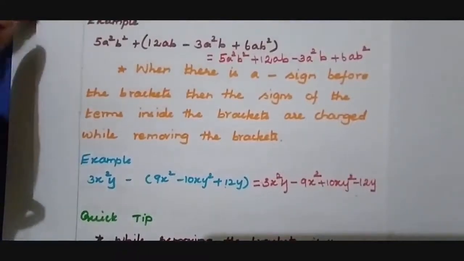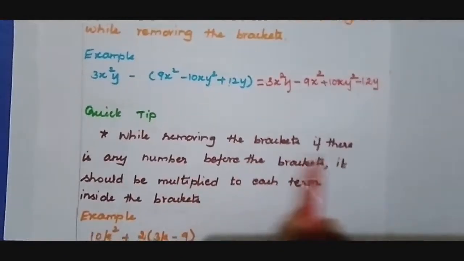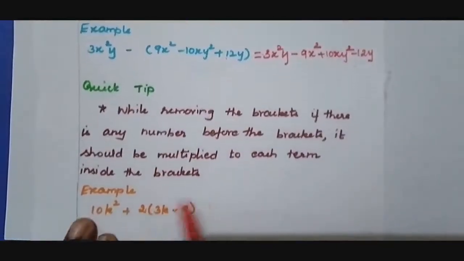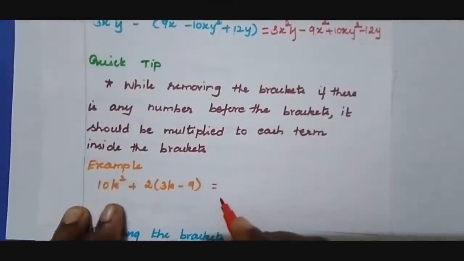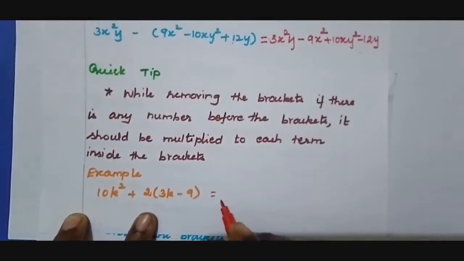Let us have a quick tip. While removing the brackets, if there is any number before the brackets, it should be multiplied to each term inside the bracket. Example, 10k square plus 2 into 3k minus 9. So write the first term as such.